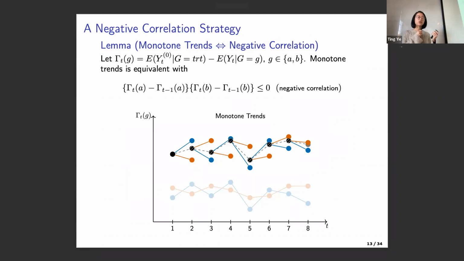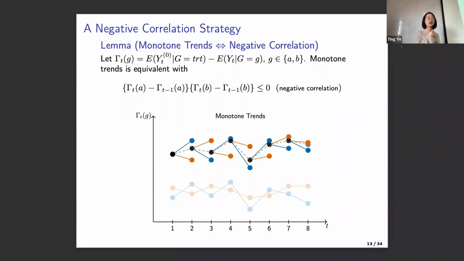Okay, so in other situations, we may not have enough domain knowledge to select these control groups. Then we propose a data-driven approach, which tries to find some pattern that satisfies our assumption. In this case, we propose a very simple lemma, which relates the monotone trend assumption to negative correlation.